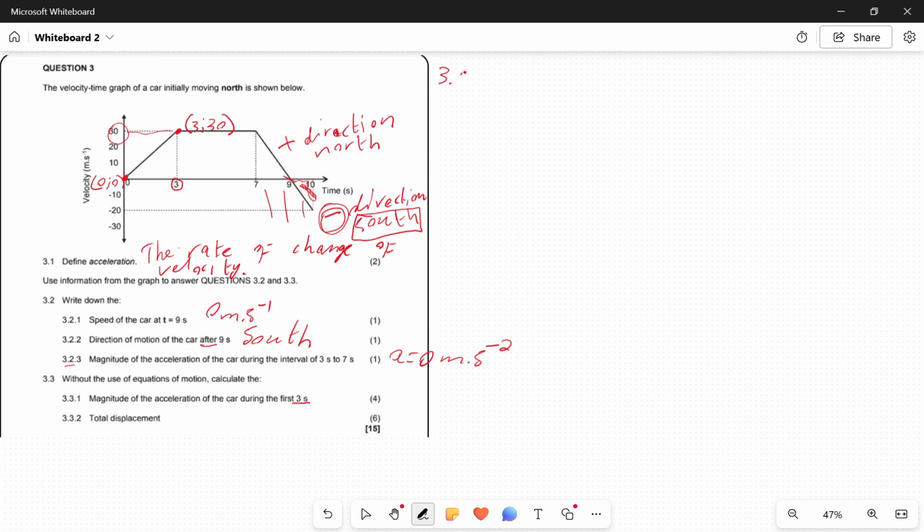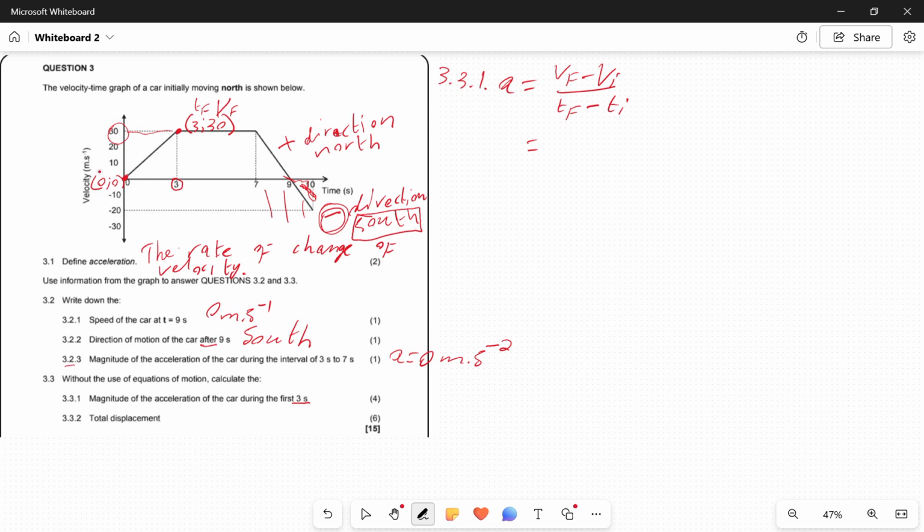So our acceleration will be found by using the formula a is equal to Vf minus Vi, meaning final velocity minus initial velocity, divided by the final time minus the initial time. What is our final velocity? This is our final velocity here. This will be our Vf and this will be our Tf.